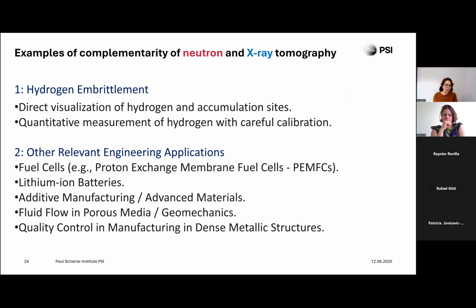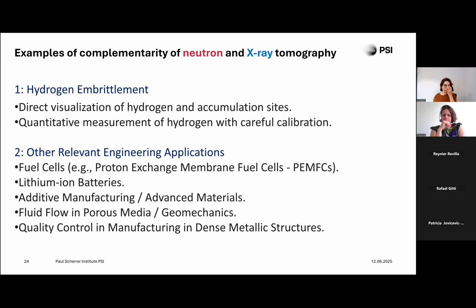This has implications, for instance, in hydrogen embrittlement, in which we can directly visualize hydrogen and its accumulation sites. And if we have calibration samples with known amounts of hydrogen doping, we can also quantitatively measure the hydrogen levels.